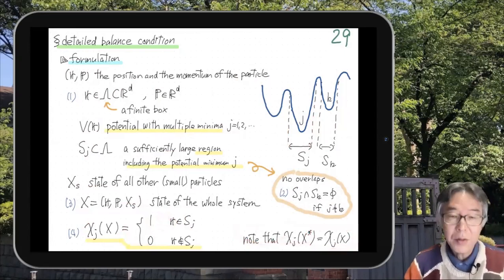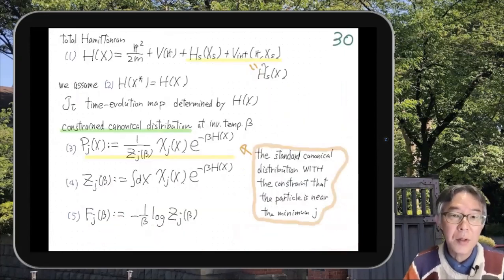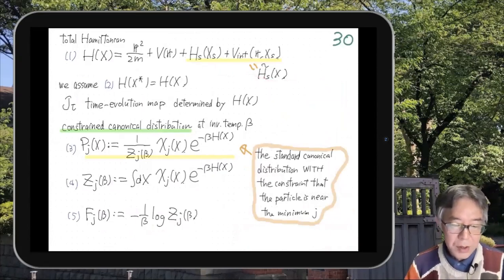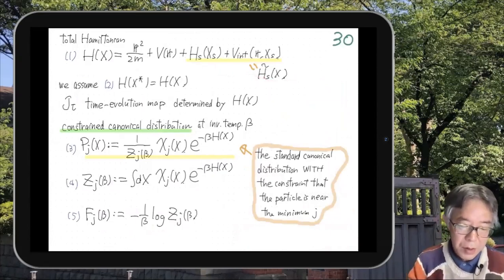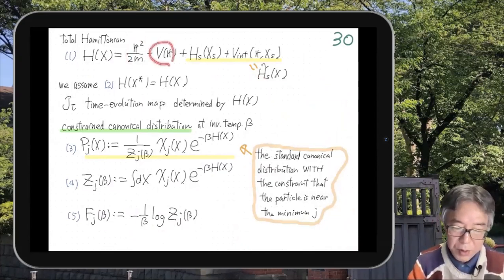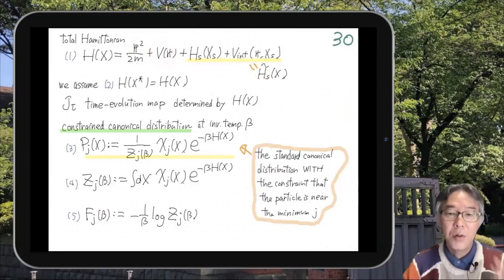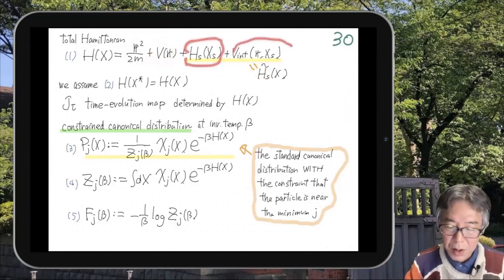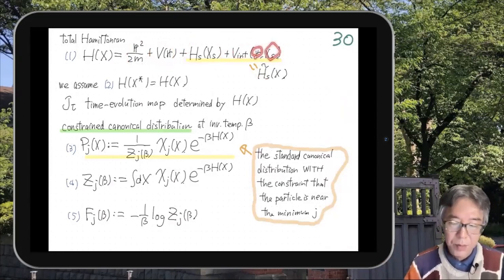Okay, now these are notations. And also, we want to assume something about the Hamiltonian. This is our total Hamiltonian. It consists of the kinetic energy of the particle, potential of the particle, and this H_S(X_S) denotes the whole Hamiltonian of these water molecules. And this one denotes the interaction between the particle and water molecules.